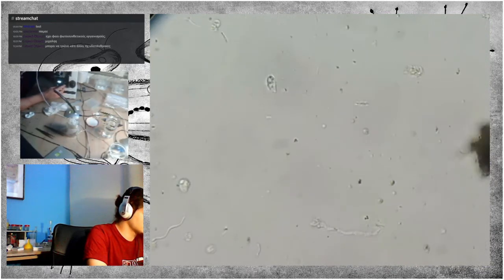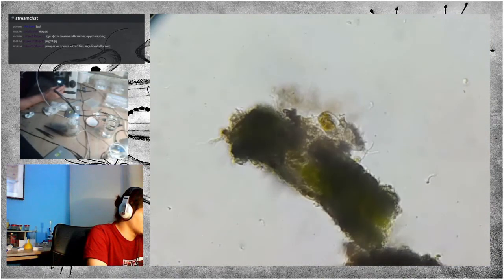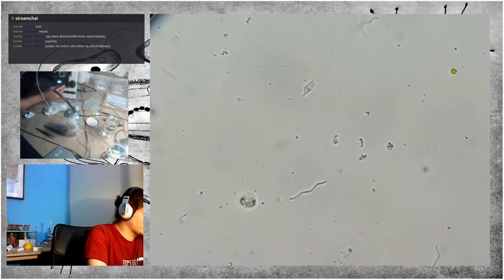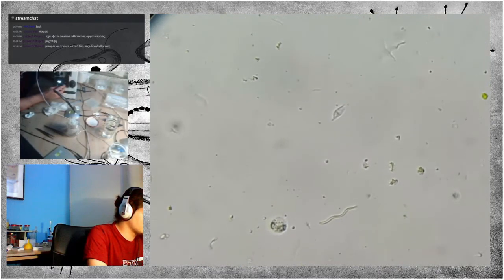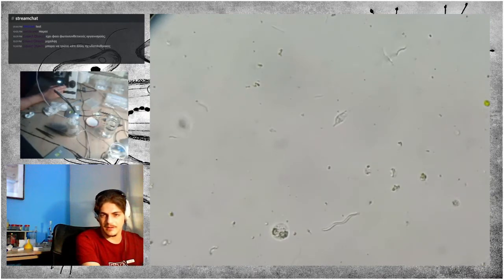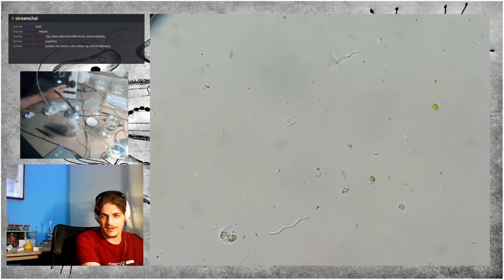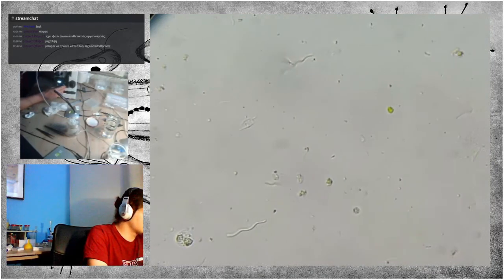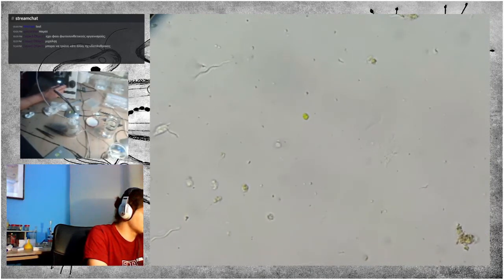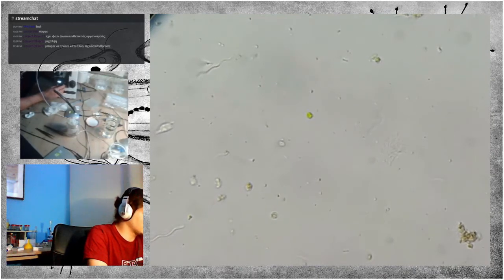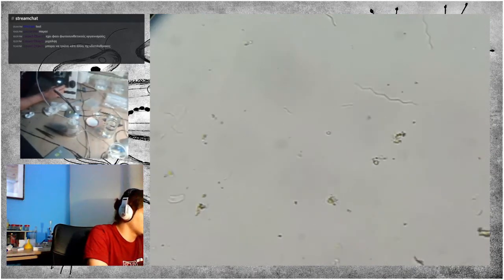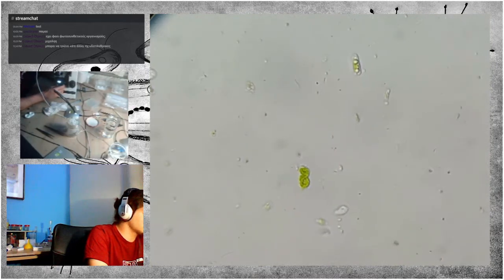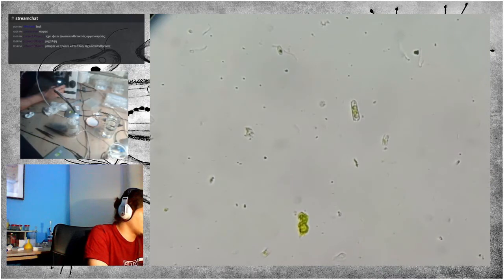Here's another species. This one also, I don't know what it is, the one in the middle. And those green dots dotted around are microalgae, I think. But let's go near the algae and see what they have to offer. Here's the item.